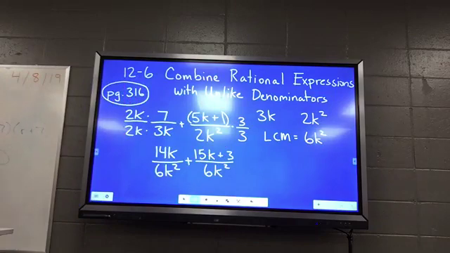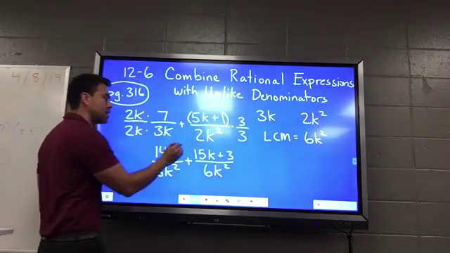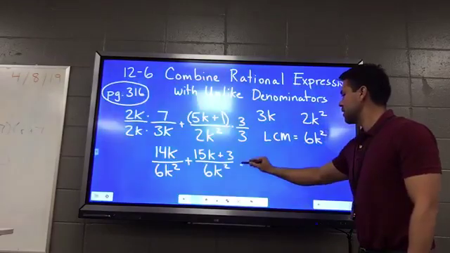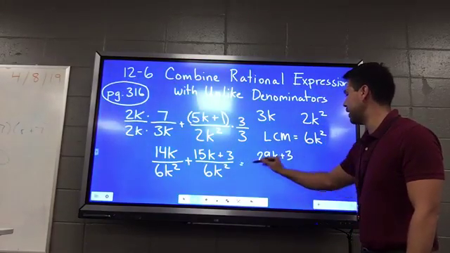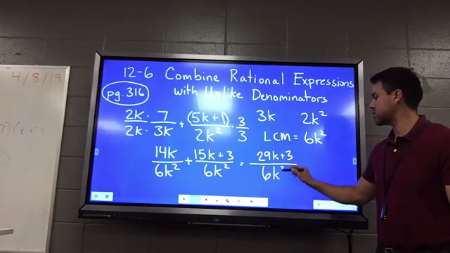All right, do I have common denominators? Yes. So now can I add the numerators? Yeah. So it's 14k plus 15k plus 3, 29k plus 3 over the common denominator, 6k squared.